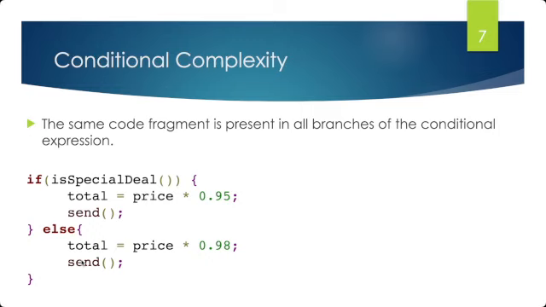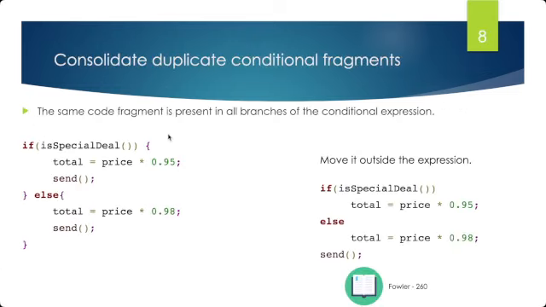Yes, you're absolutely right. It's very simple, but it's refactoring too. We can move our send method outside the condition and use it. In literature, this way of refactoring has a special name, consolidate duplicate conditional fragments. It's very simple, and I hope that you already use this technique when you create your code.